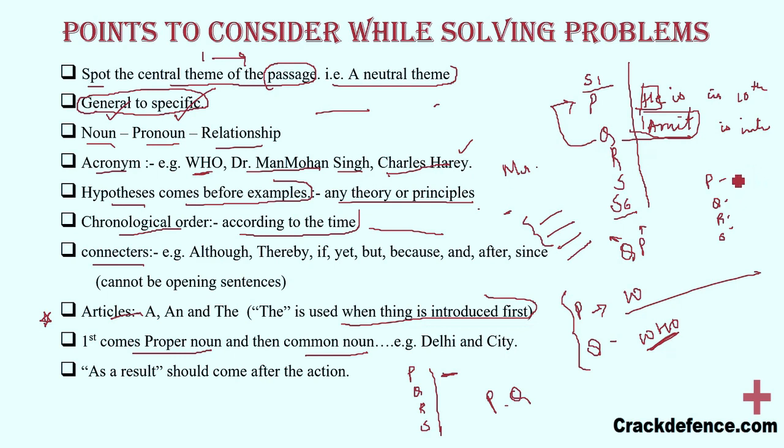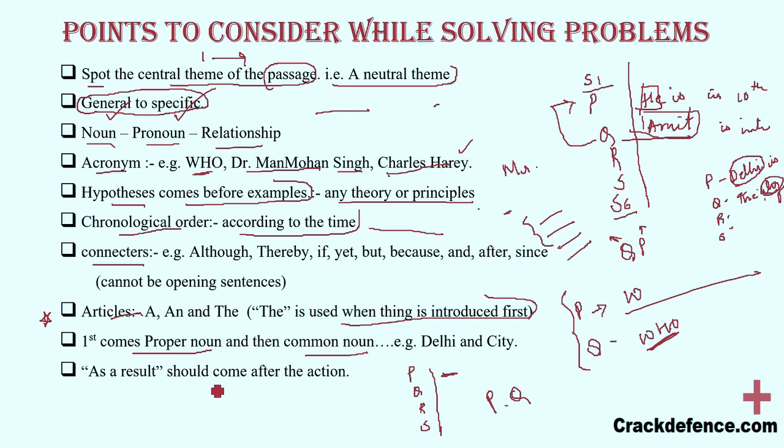First we will say Delhi is the capital of India. Then we will say the city is beautiful. See, we first use the proper noun, and then we use the common noun.